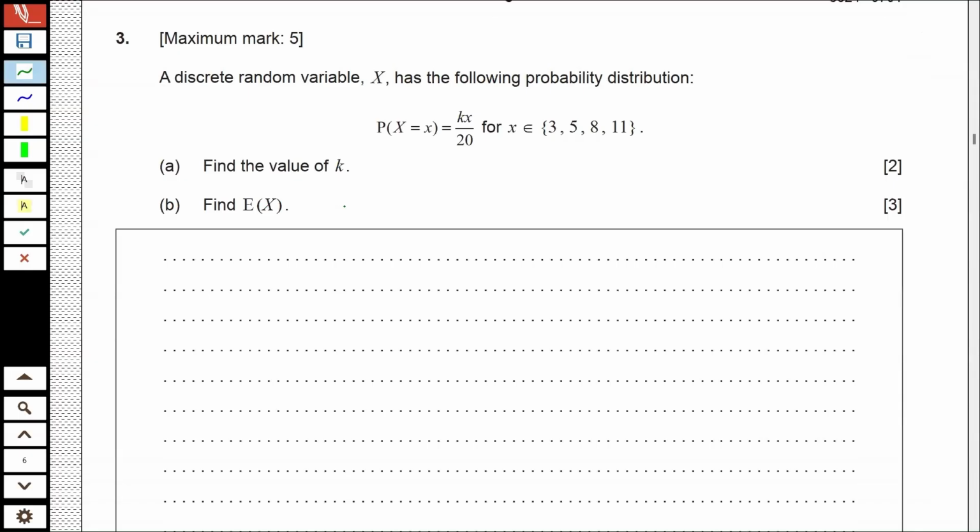Question 3, a discrete random variable x has the following probability distribution. Find the value of k. We know that if you plug in these numbers, the total probability is gonna be 1.